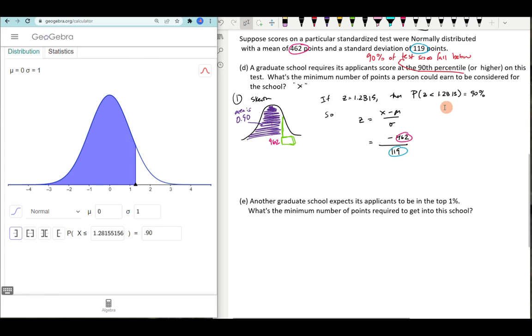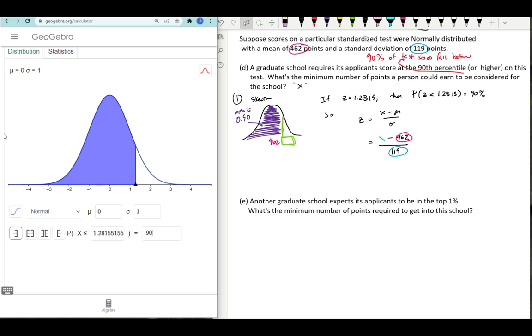And so the thing that's missing here is I don't know what my observation is. That's what this question is. I'm asking ultimately, what does this x need to be so that when I do this calculation, my z-score turns out to be 1.2815, which will ensure that the area below this point is 90%. So I'm just going to put an x here for the moment.